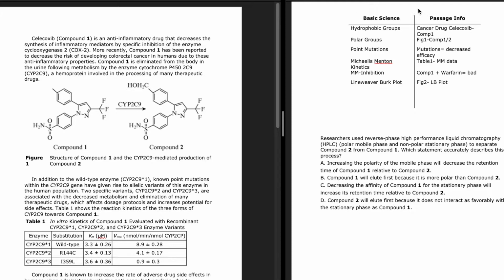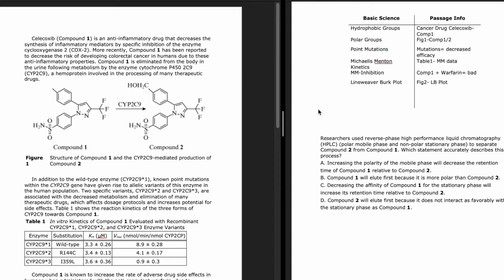And the passage information questions are typically going to come from these passage information topics we've already identified. So hopefully by creating this chart and by identifying this information, we're going to be able to quickly identify where all the answers to these questions are located so we don't waste time. So let's go ahead and start off with this first question.